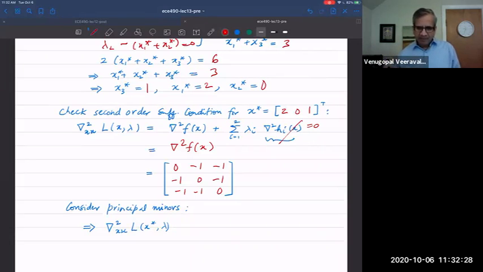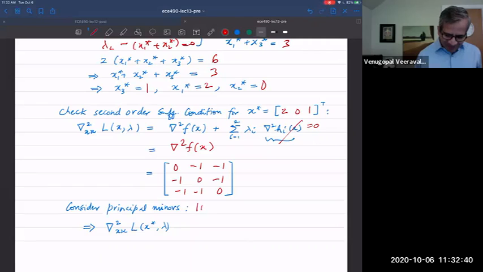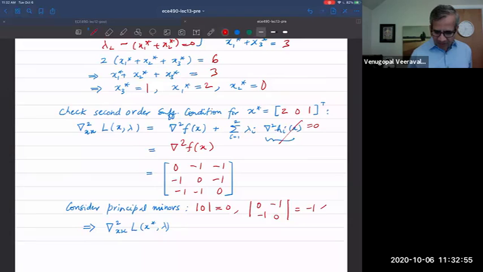Is this a positive definite matrix? No. And why is it not? You can check the first leading principal minor and it's 0. Exactly. So if you just look at the principal minor, this is 0, and so this is not positive definite. It's not even positive semi-definite actually, because if you look at the second leading principal minor, this is -1. So it's not PD and not PSD even.